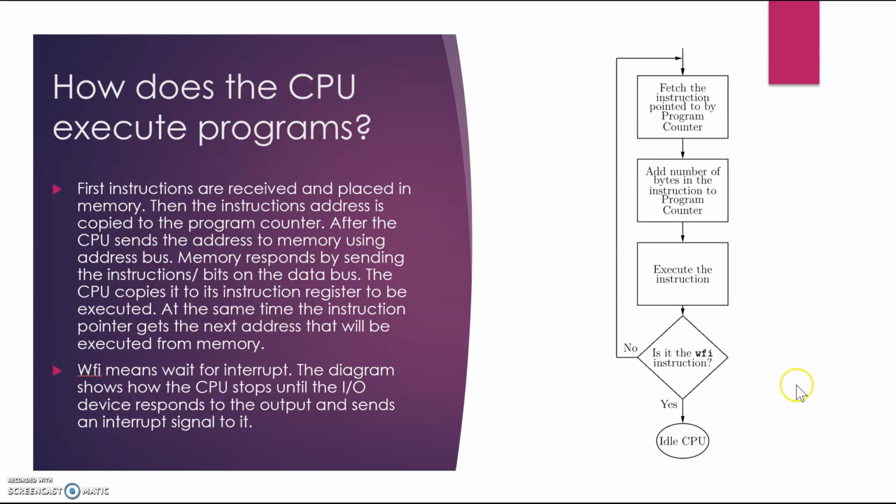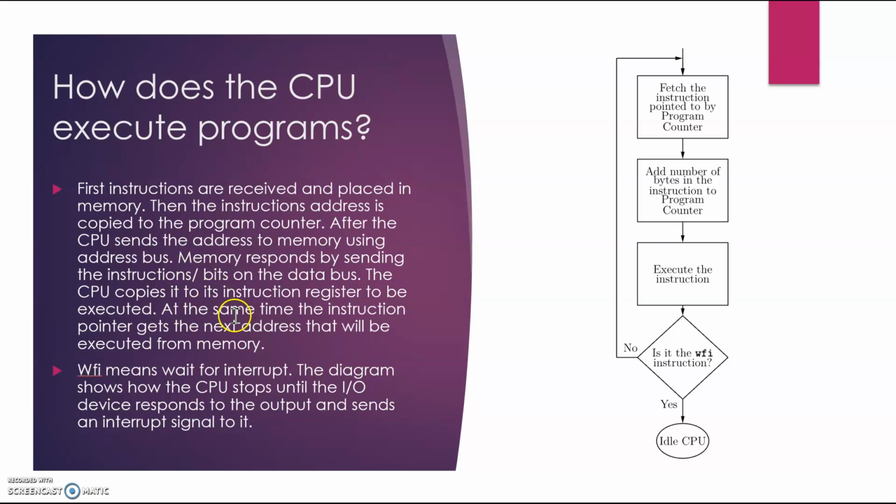Memory looks for it, finds it, sends the bit pattern back via the data bus, and then the CPU copies it to its instruction register to be executed. This is what's going to be currently executed. So once it gets it, the CPU runs it with the ALU and so on.